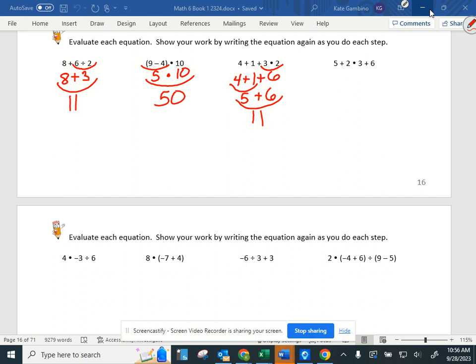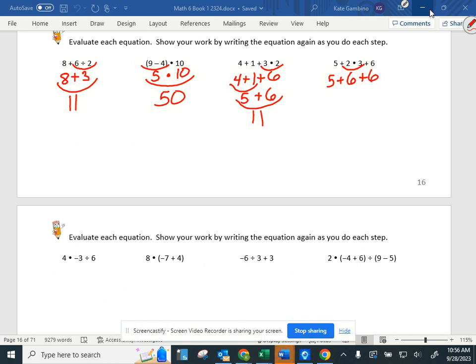Let's do our next one. What's my first step? Callie. We have to multiply 2 times 3. I have to multiply first because I only have adding and multiplying, and we know multiply comes first. So 2 times 3 is 6. I'm going to bring down the rest of my equation.